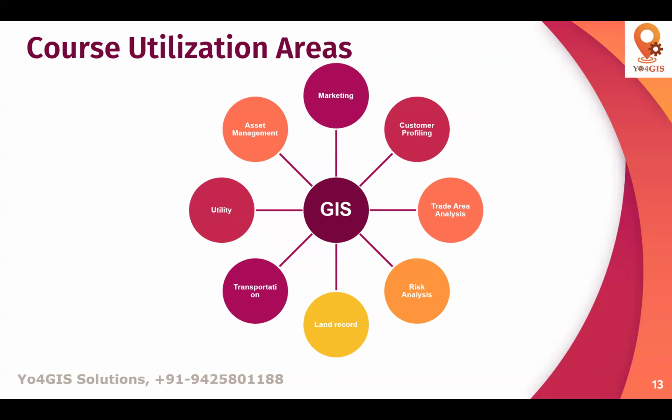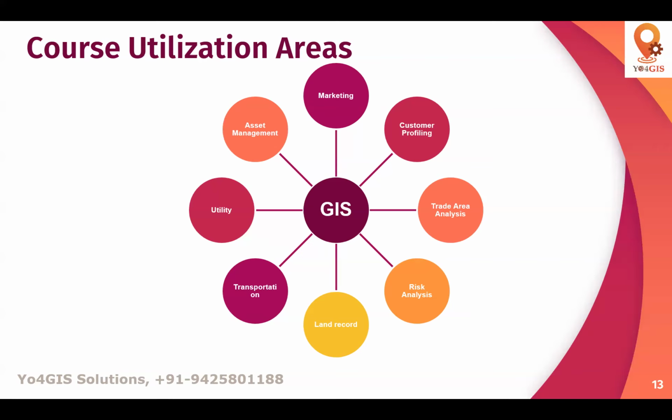Transportation system. Recently, we have done one project where we needed to show the route of the car along with the driver behavior analysis. So you can understand how powerful GIS is. Along with GIS, we have implemented the camera also. Using the camera, we can run AI and ML, and we can get the driver behavior.